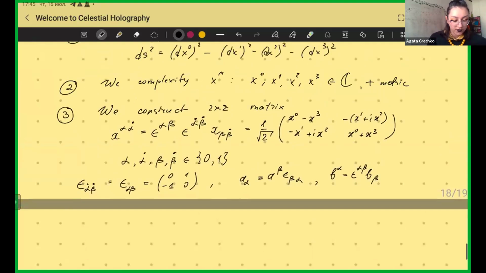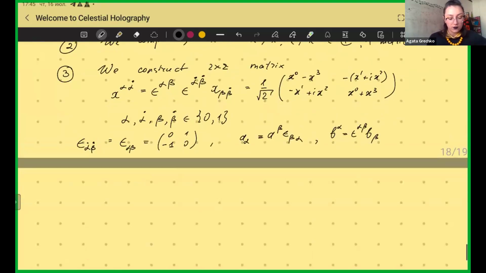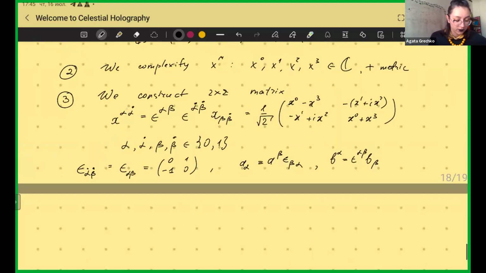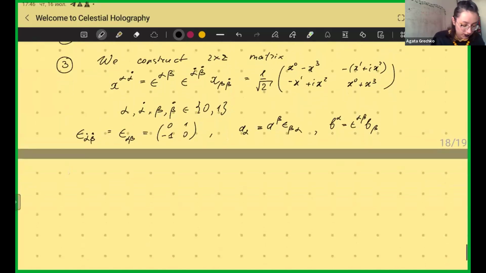So we constructed these matrices, and now we have these dotted and undotted indices. And now we construct our twistor space. It's a mathematical construction.